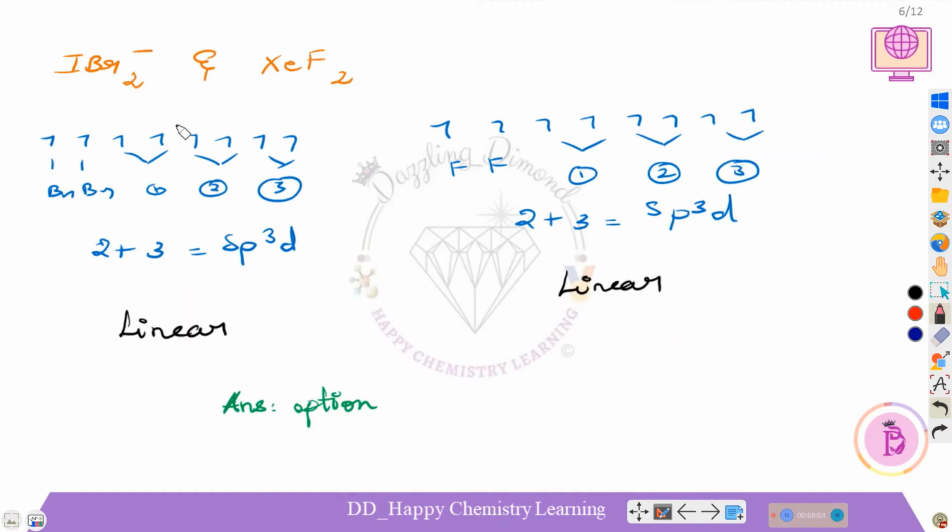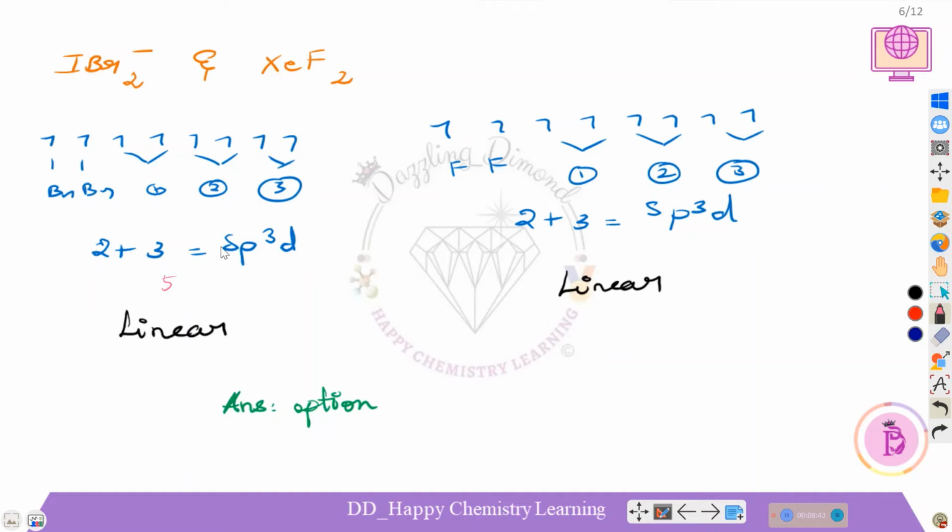Well, yes, that is IBr2 minus and XeF2. Now I have chosen only the set which has the same number of electrons. Now we will predict the shape. First, as usual, we will predict the hybridization and its corresponding shape, right? The valence electron of our iodine is 7 and it has 2 bond pairs and 3 lone pairs, hence the total you get is 5, right?